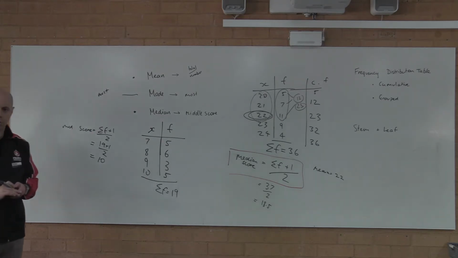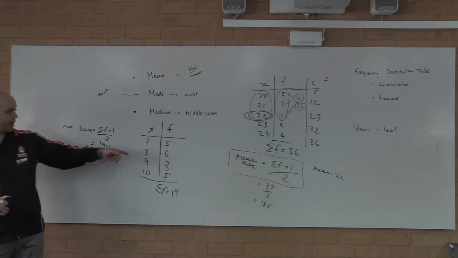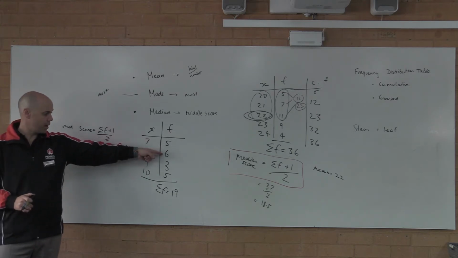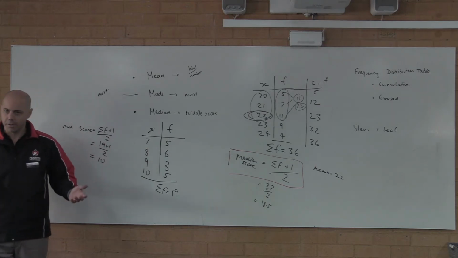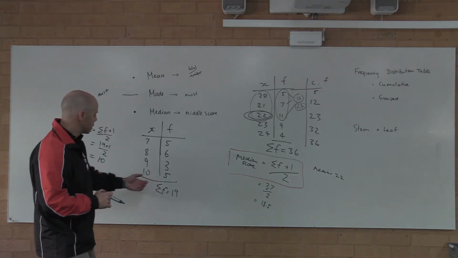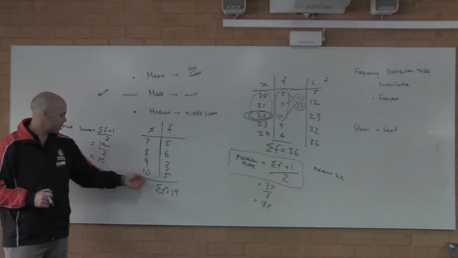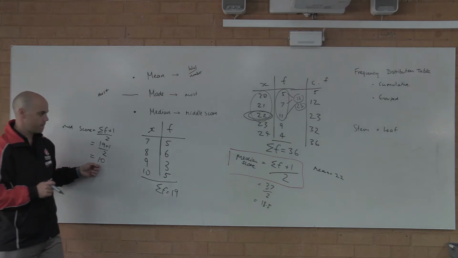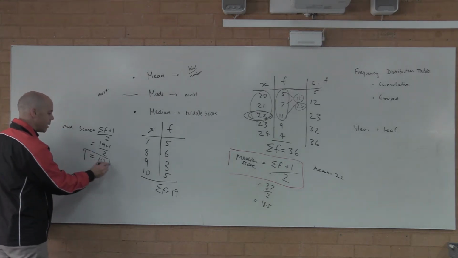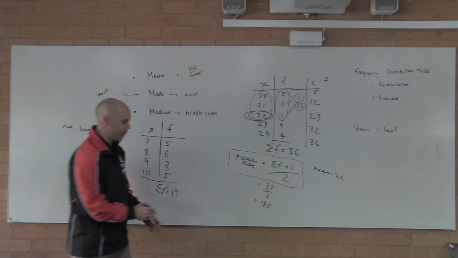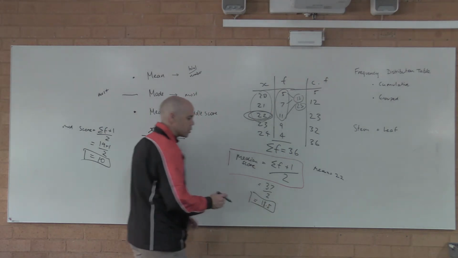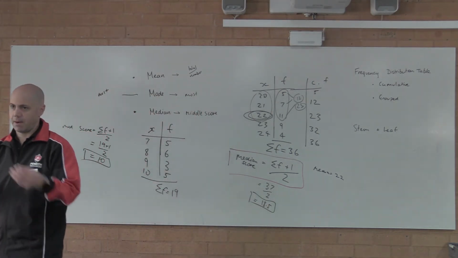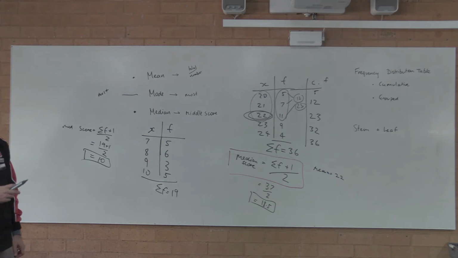Which one is the 10th score? 8, that's right. Because there's 5 there, and then it makes up to 11 with all the 8s, so the 10th score must be that. Because I got a whole number when I divided by 2, I just find that 10th score. When it's a whole number, I find that score. When it's a half number, I find the scores either side and find the halfway point between.